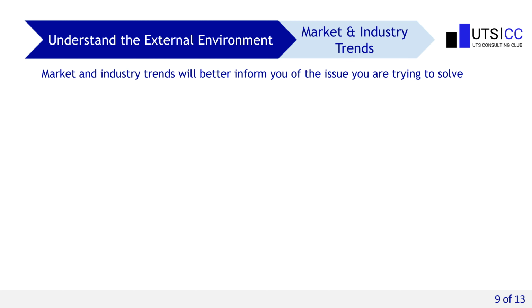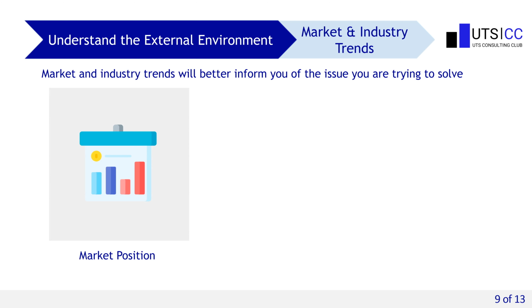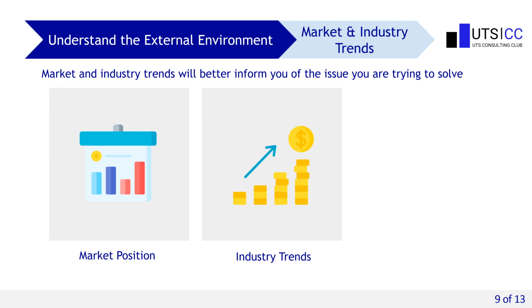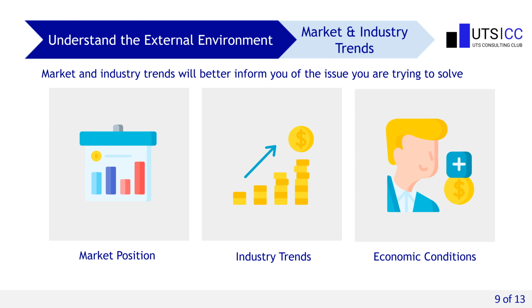Things to consider when looking at the market can involve the market position of the organization, where applicable, industry trends, for example, digitalization has increased by 40% in the fast food industry, or economic conditions. Are there any economic factors that may be influencing the behavior or spending of your identified group? For example, COVID reducing discretionary spending of consumers.